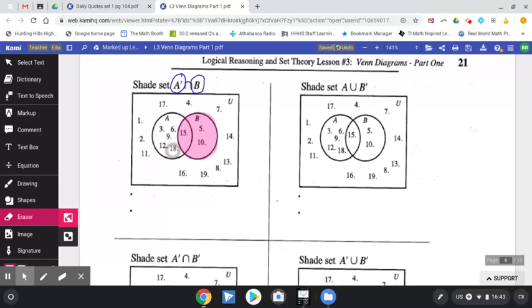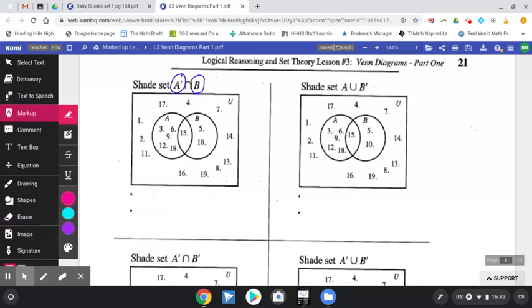Oh, darn it. Well, you know what? I did enough to see it. Even though this doesn't really erase the way I want it to, I did see where the overlap was. So for intersection, shade both regions, in a different color or different direction, very lightly, and your answer is the part where they overlap.